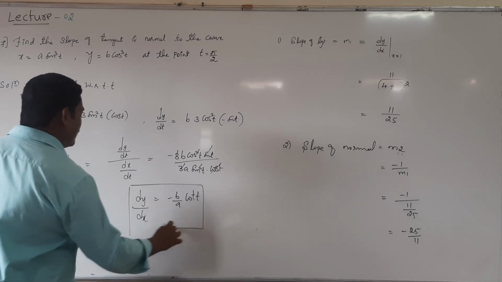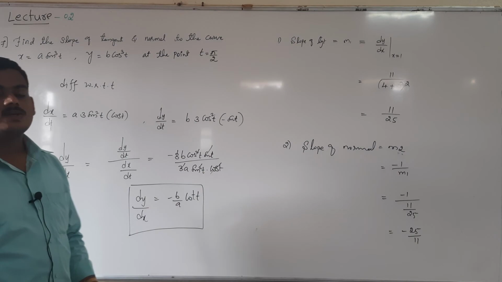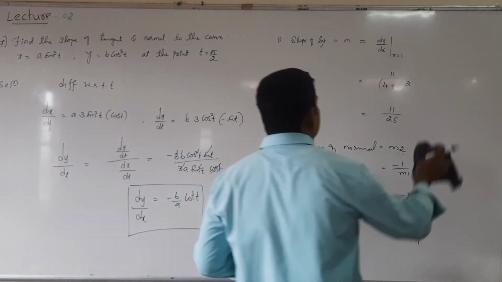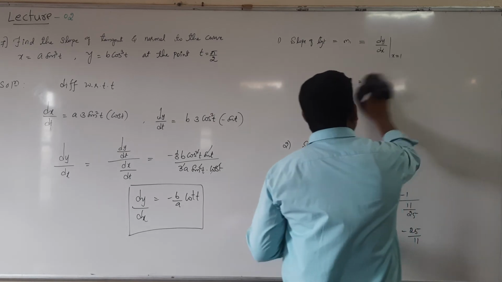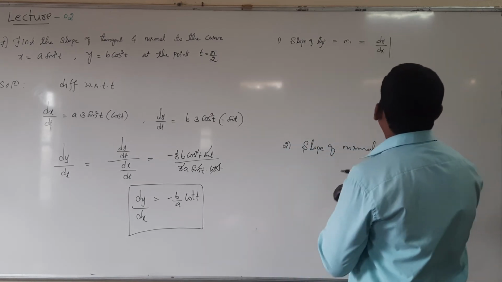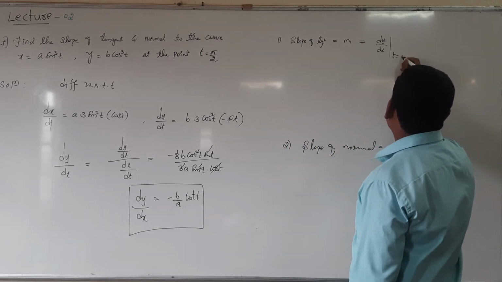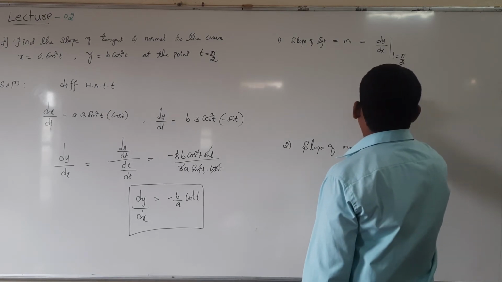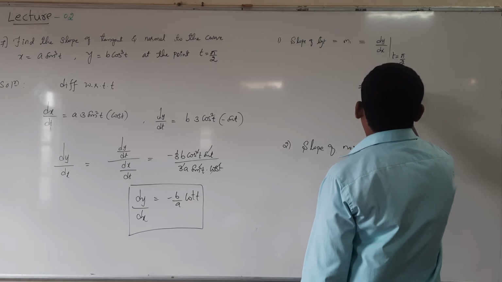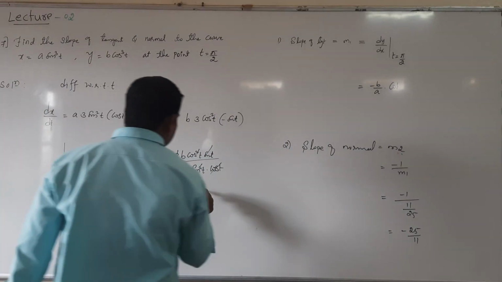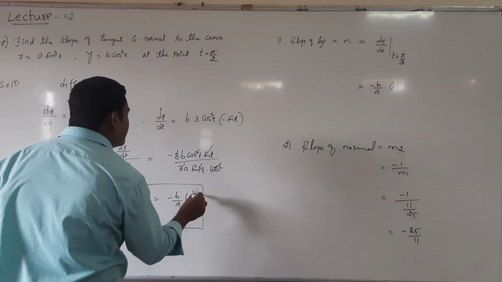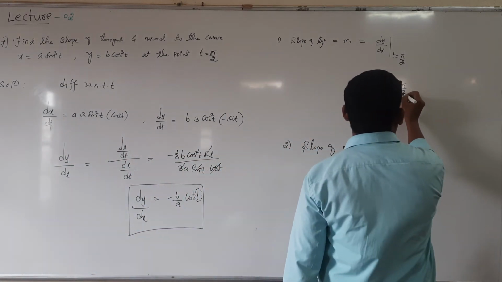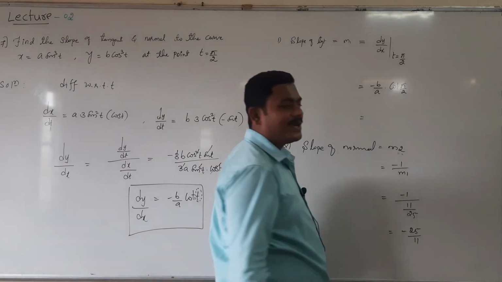After getting dy by dx, write the slope of the tangent and slope of the normal at the point t equal to pi by 2, means minus b by a into, replace that t value. Replace t value pi by 2 here, cot pi by 2. What is cot pi by 2?